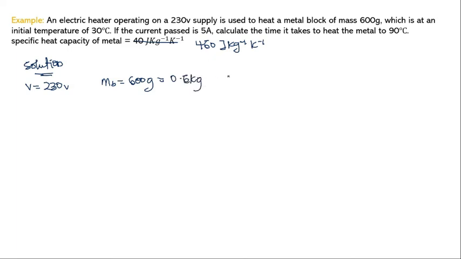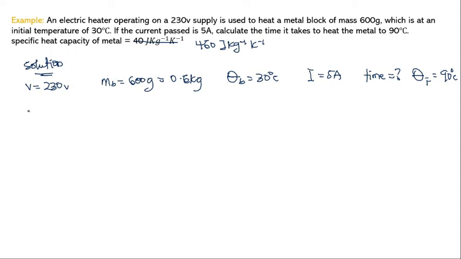The initial temperature of the ball is 30 degrees Celsius. We have a current of 5 amperes passing through it. So we have to calculate the time taken to heat the metal ball to a final temperature of 90 degrees Celsius.